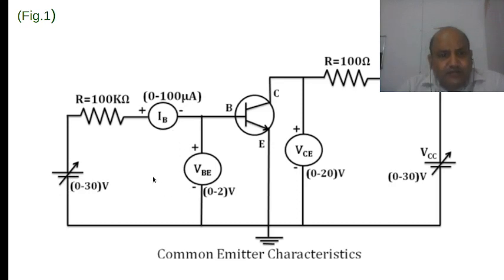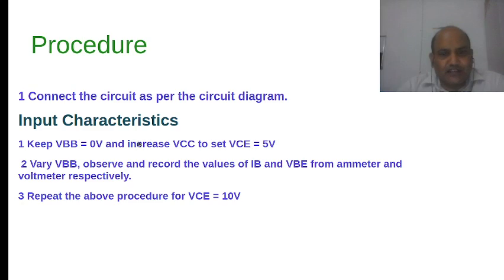This voltage is generally 0.7 volt. So first we have to set zero biasing. Here we provide 0 volt and maintain it. Then we come to this side and keep VCE equal to 5 volt.